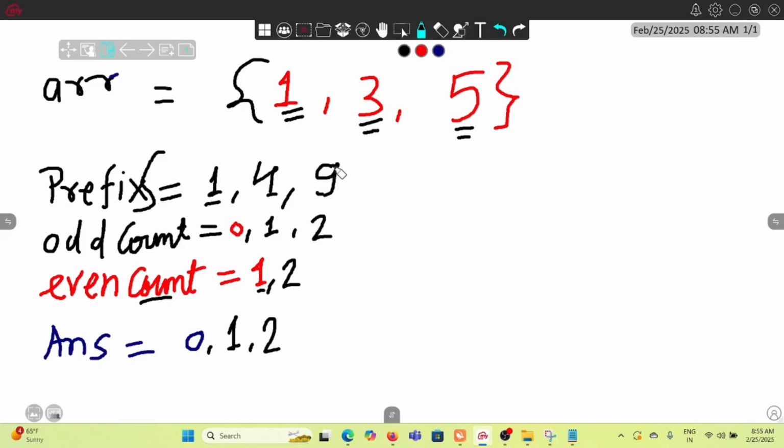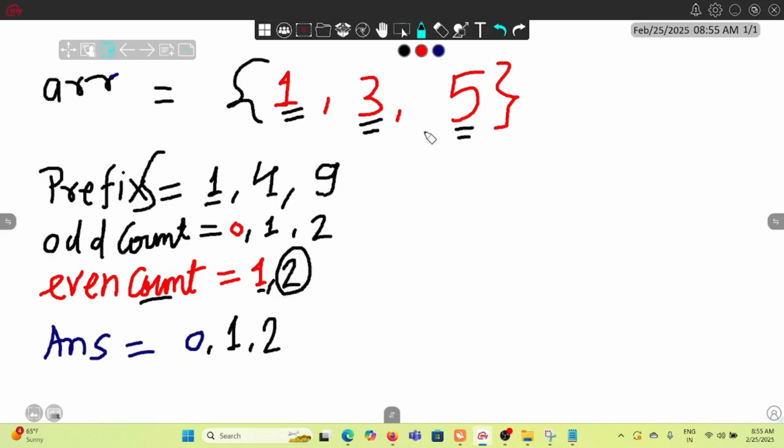But now because 9 is an odd number, we have to look at how many even counts we have, because we are looking for the opposite parity. We already explained that the difference of opposite parity is always an odd number. So see here, we have found 9 as an odd number. Then we have to check how many even counts we have found. So even count we have found so far is 2.